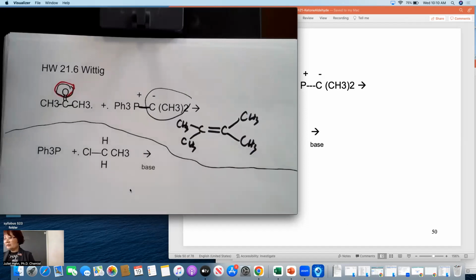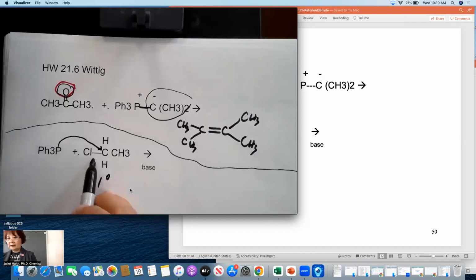All right, so what about the generation of the ylid? So this is a primary alkyl halide. Our phosphine is going to go in here and it's going to kick out the chloride.